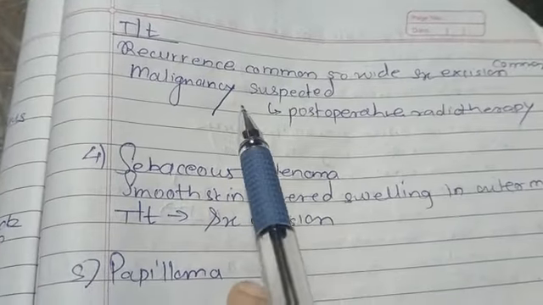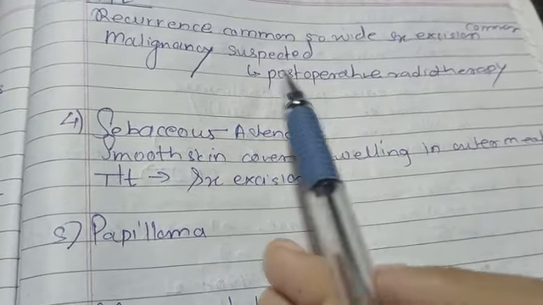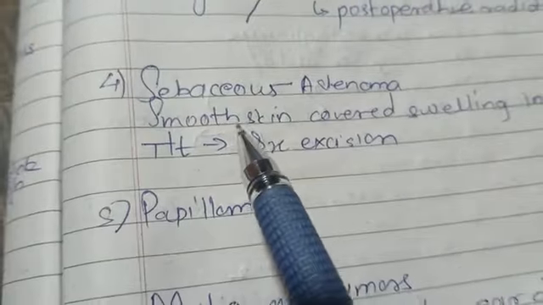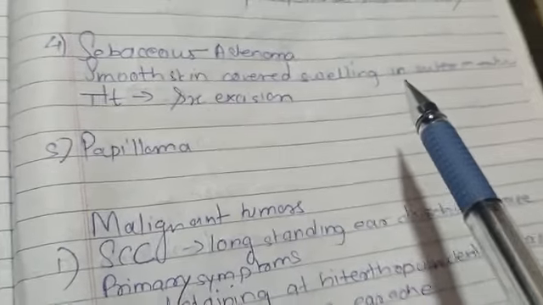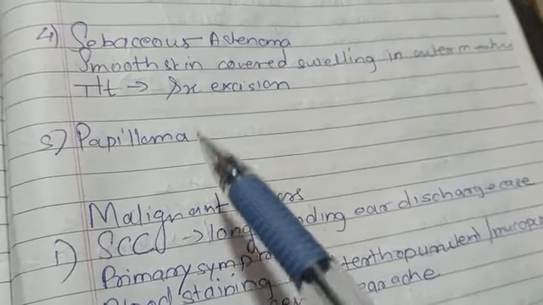Its recurrence is common, so wide surgical excision; if malignancy is suspected, we must go for post-operative radiotherapy. Then sebaceous adenoma, the fourth one, is a smooth skin-covered swelling in the outer meatal wall. Treatment is surgical excision.